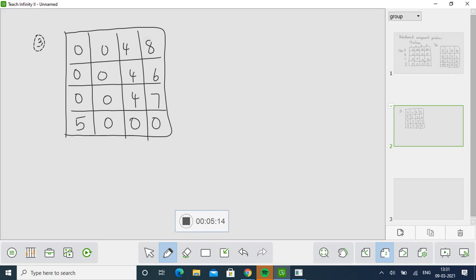Even now, we are not able to allocate these two zeros because they are in the same lane. So again degeneracy occurs here. So what should I do? I should again try to cover all the zeros with the minimum number of lines.